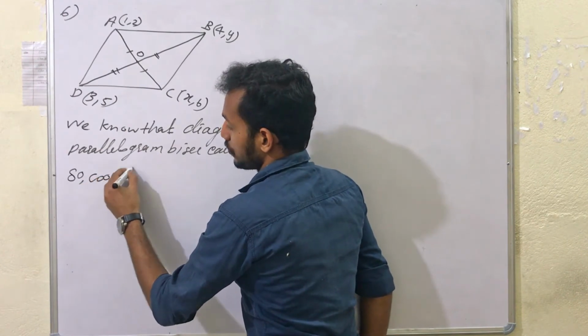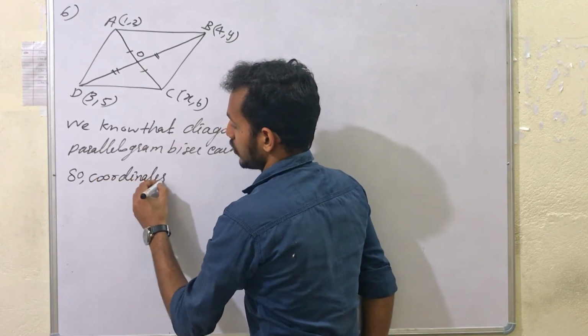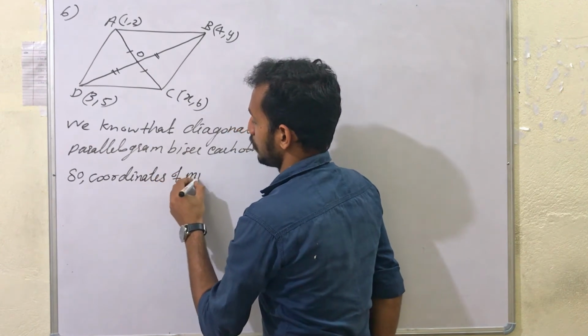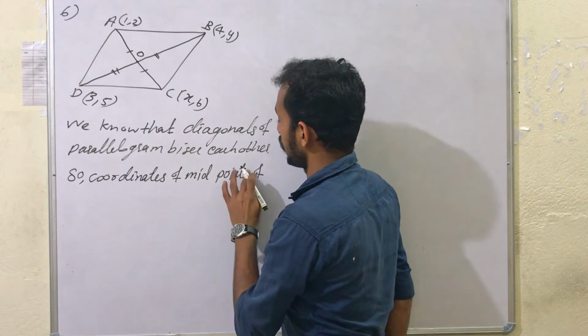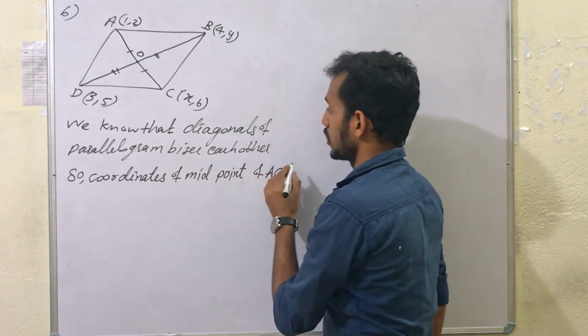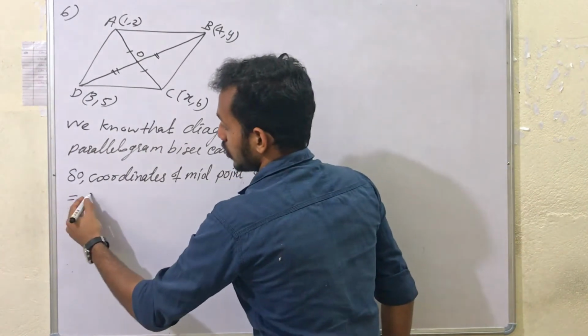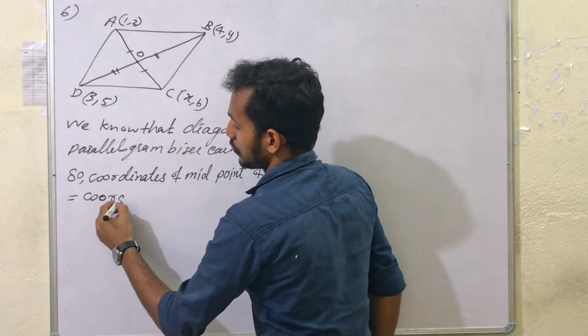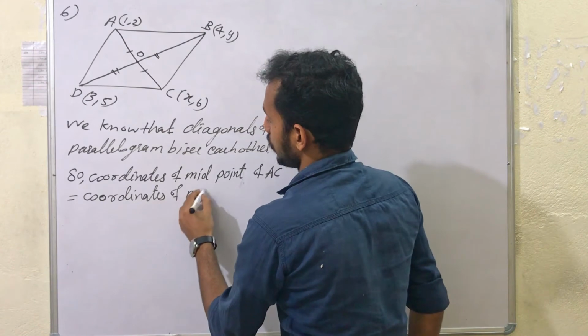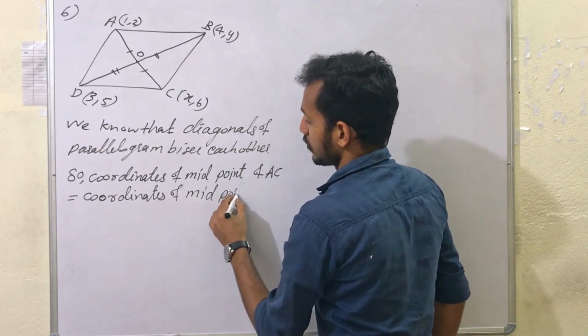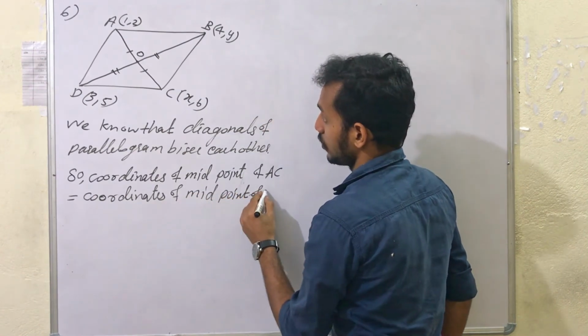So the coordinates of the midpoint of AC are equal to the coordinates of the midpoint of BD.